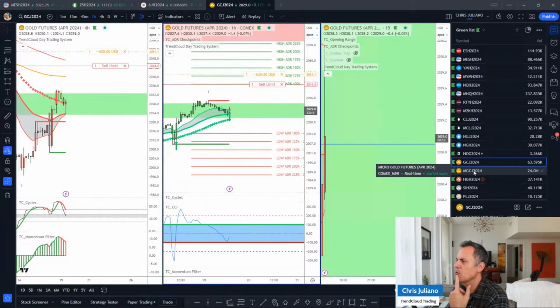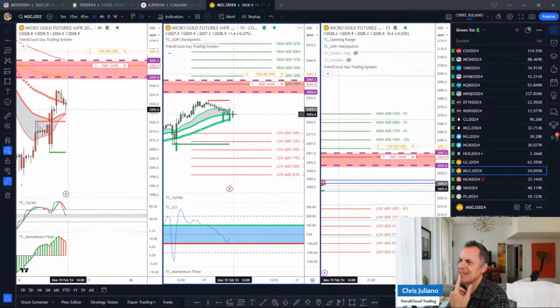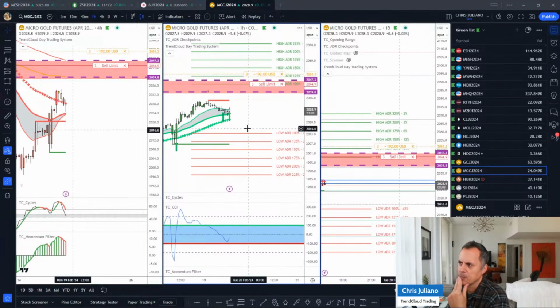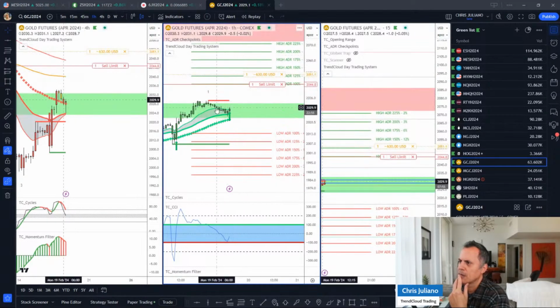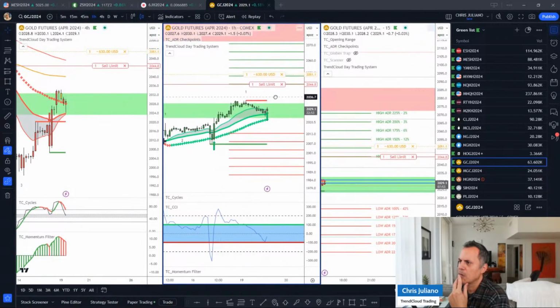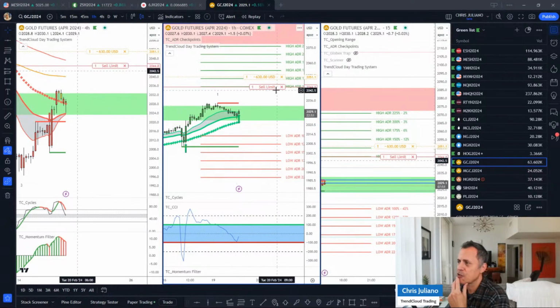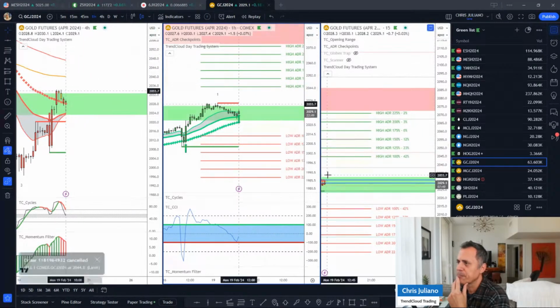So the micro gold, we have an extended trend. That's really interesting. So actually, we would not be able to take that full contract of gold because the trend is not extended on the 1 hour chart, but we're extended on the micro. Very interesting. April contract. Yeah, no, that's it. So the full contract is actually, we can't do that.